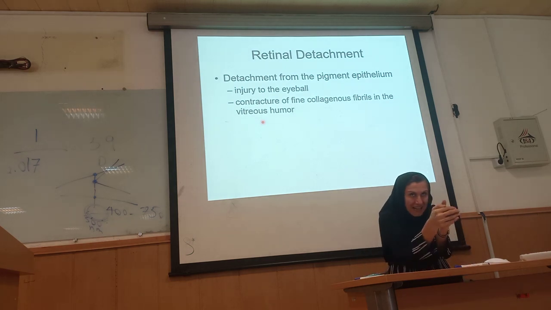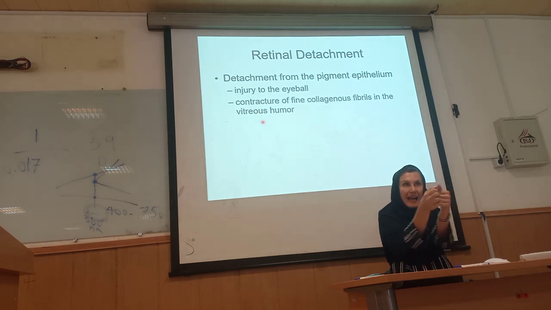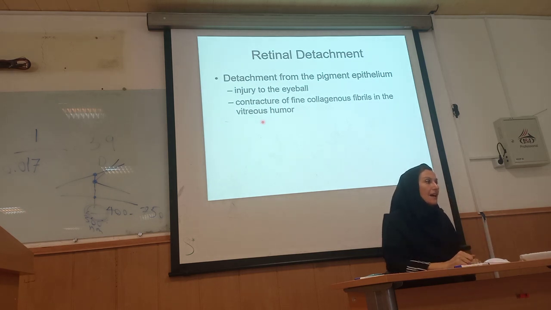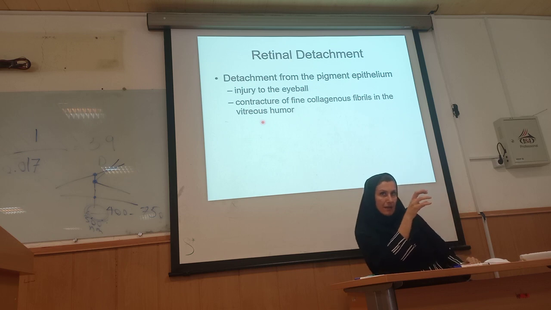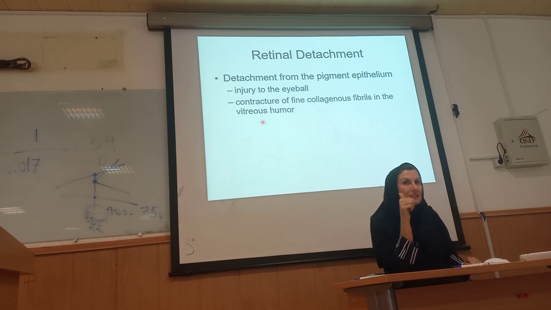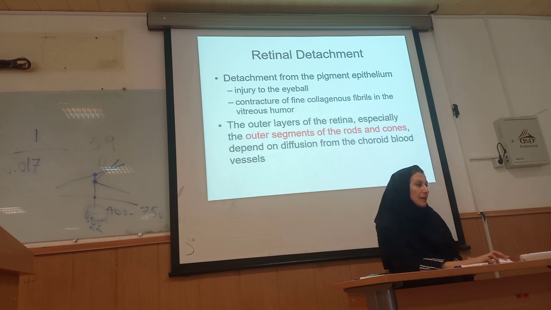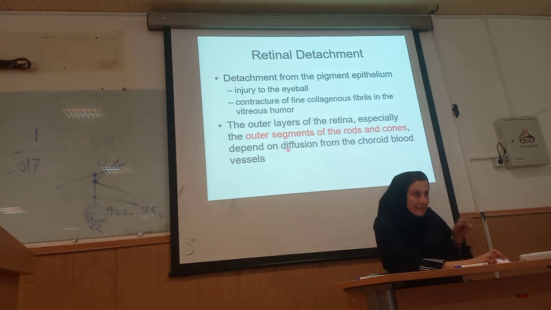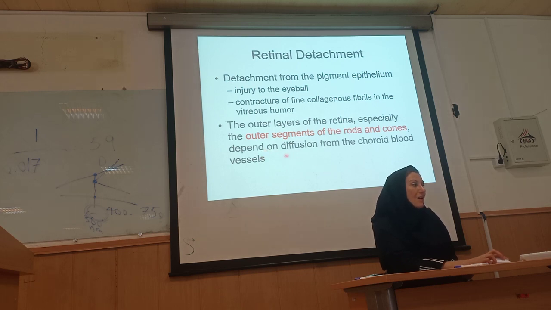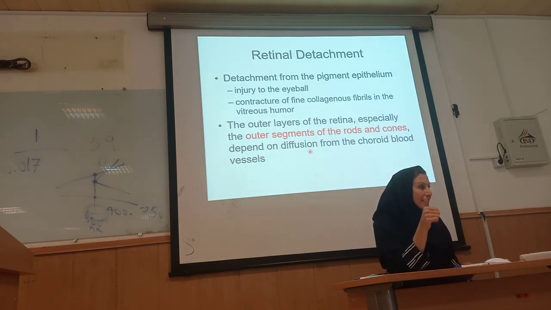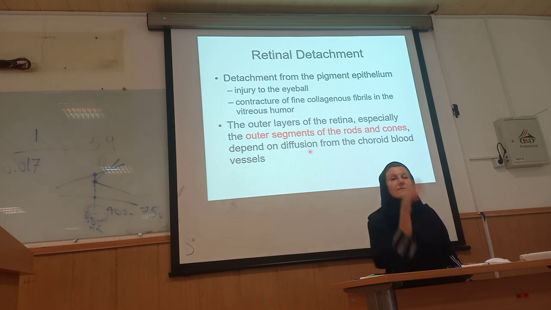This is a contracture that pulls them toward the center, and after that may cause detachment of the retina. So this is very important. As I said, the outer layers of the retina, especially the outer segments of rods and cones, depend on diffusion from the choroid blood vessels.